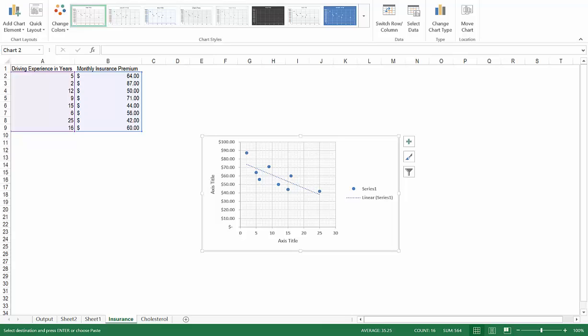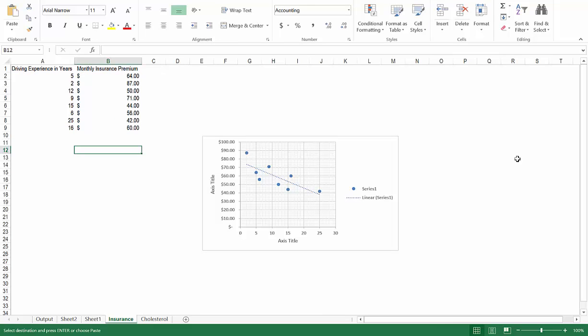So a younger driver over here, the number of years of experience being less, they pay more. The older you are, the more experience you have, the less you pay. And this lovely line gives us what is called a trend line, and it shows that over time, as our experience increases, our premiums decrease.